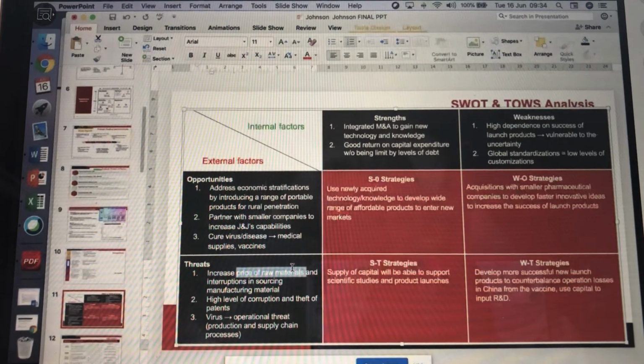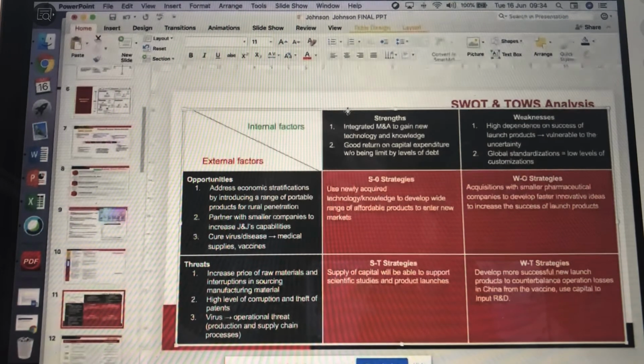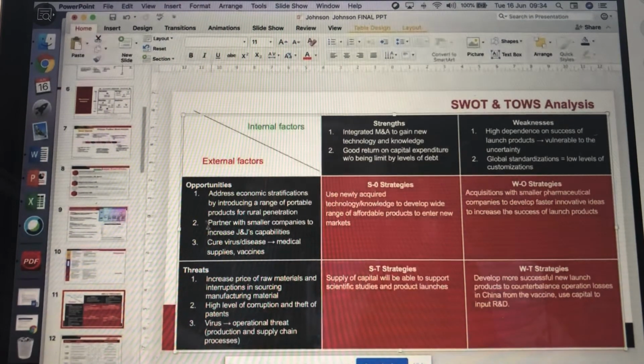Okay, so external factors, threats and opportunities, both are external. Opportunities are external. Okay, what are the opportunities which are opening up because of external factors? And then when you have established the strengths, weaknesses, opportunities, and threats, next what you can develop is strategies.